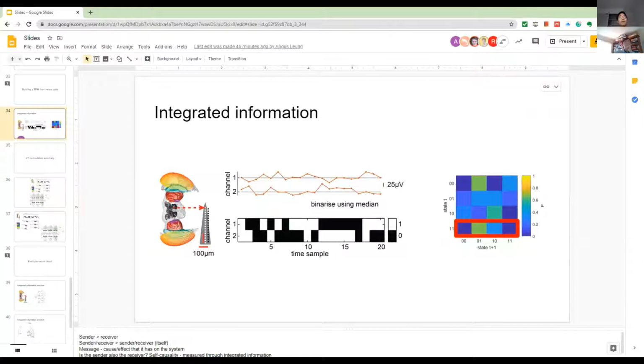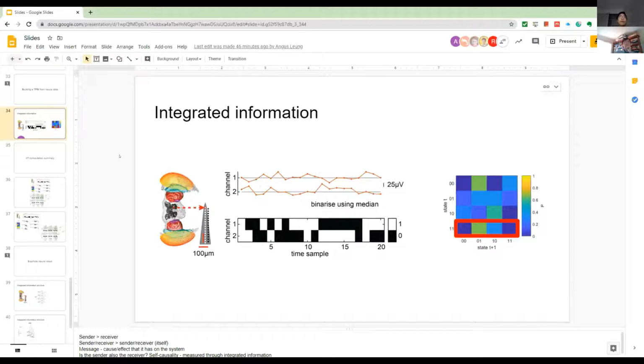Okay, so when we want to apply the integrated information, what we need to do for the neural data is first binarize or discretize the data, and then based on this discretized data, we need to compute TPM. So in this case, we are considering two channels shown as a red line, and from there, we can binarize that data.